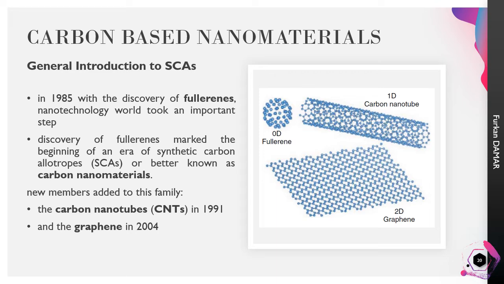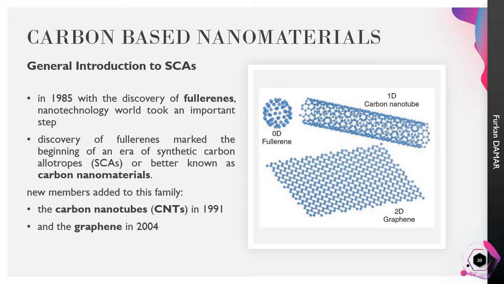Here is some general information about carbon-based nanomaterials. In 1985, with the discovery of fullerenes, the nanotechnology world took an important step. The discovery of fullerenes marked the beginning of an era of synthetic carbon allotropes, SCAs in short, or better known as carbon nanomaterials.